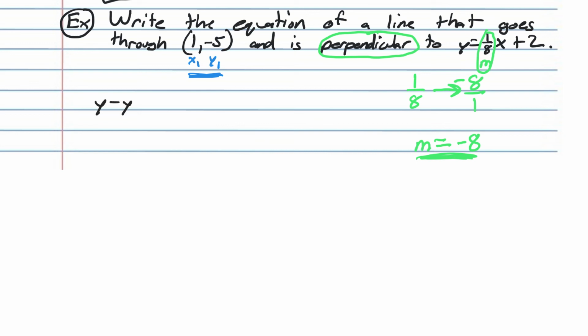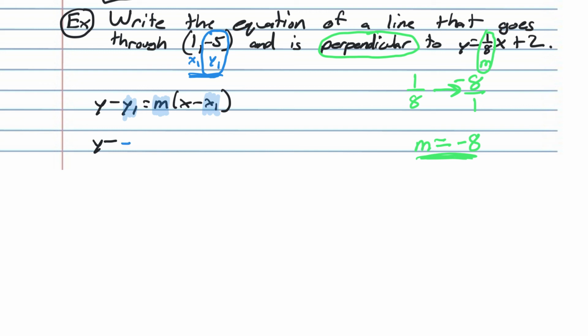y minus y1 equals m times x minus x1. And the pieces that we know are y1, m, and x1. All right, let's fill it in. So y minus... y1, if you notice, this is what I was talking about in the previous question. y1 is -5, so watch what's going to happen.